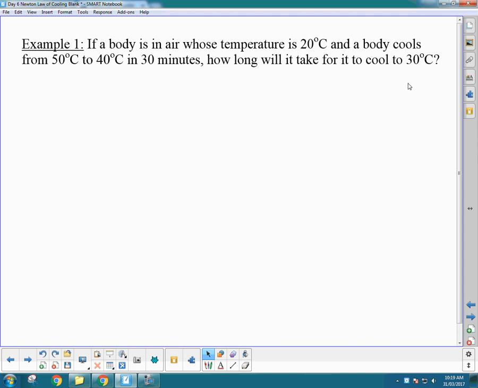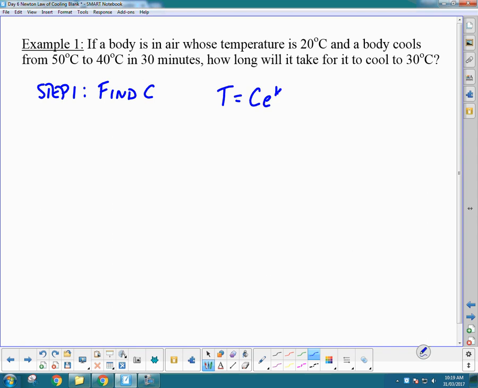We're still going to need to find some information. Now, step 1 is to find C in our formula. We know our formula is T equals C e to the kt plus S. It feels like we already have the initial temperature, but it's not actually our initial C, and I'll get to that in a second.